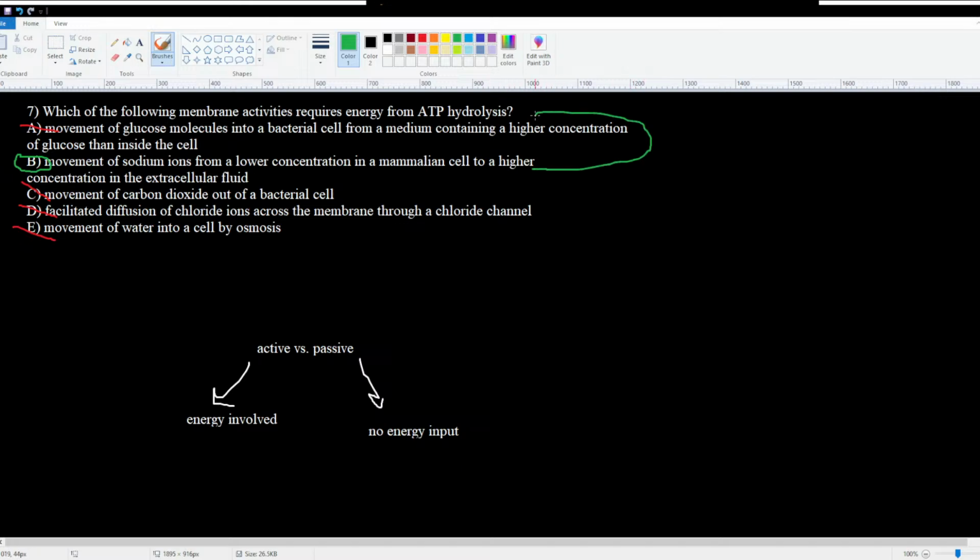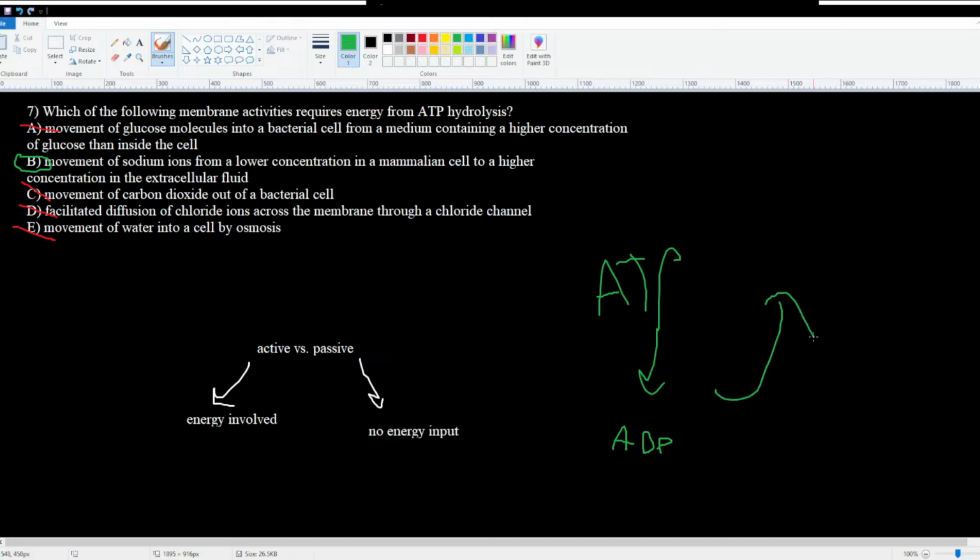So going back to the process of elimination, we know this because the question asks which of the following membrane activities requires energy from ATP hydrolysis. So when we're hydrolyzing ATP into ADP, we're releasing energy, just like what the question says.